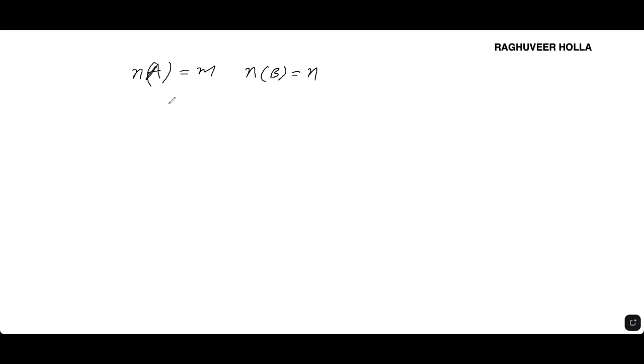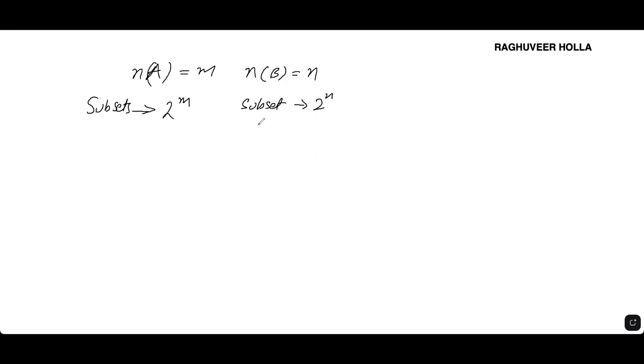Now the number of subsets of set A will be 2 to the power of m, and for B it is 2 to the power of n.